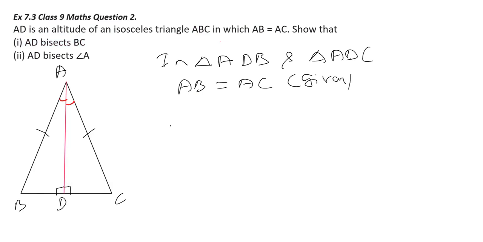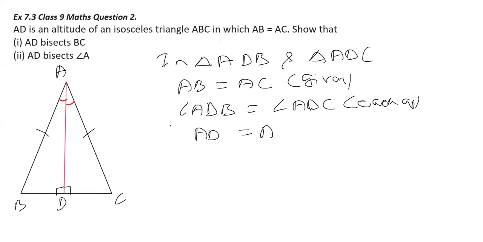We can also see that angle ADB is equal to angle ADC, each 90 degrees as it is a perpendicular. We have one side common, that is AD equal to AD. So therefore we can write these two triangles as congruent.